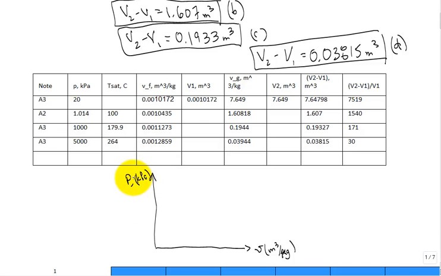The first thing you have to do is figure out where our maximum pressure is, and then divide the y-axis. Let's say this is going to start at 0, go 1, 2, 3, 4, 5,000. So there's 5,000. Here's 1,000.